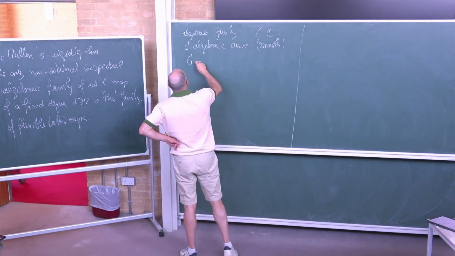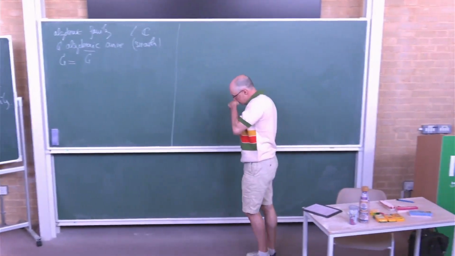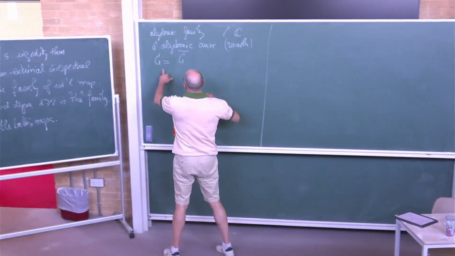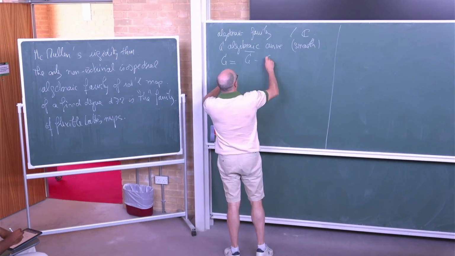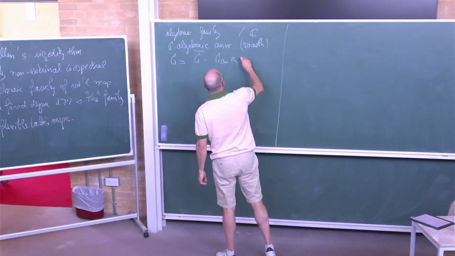So you can look at the unique completion, the unique compact Riemann surface C bar such that C is the complement of C infinity in C bar, and C infinity is going to be a finite set.